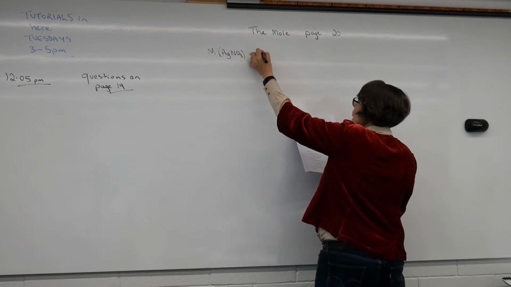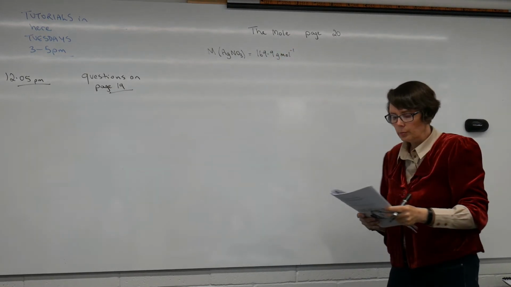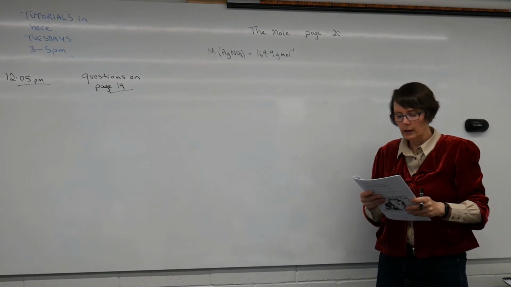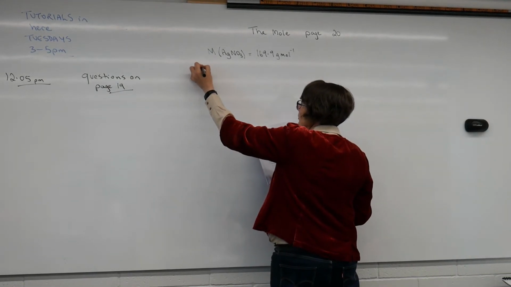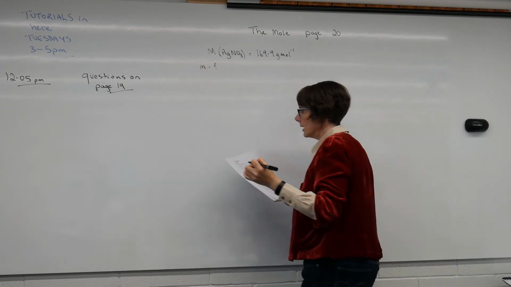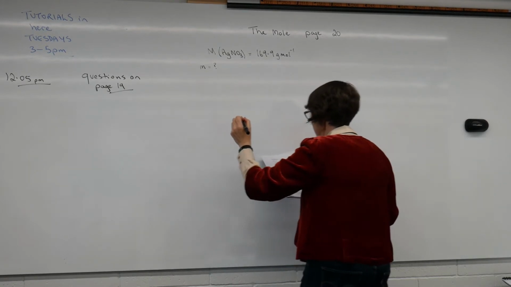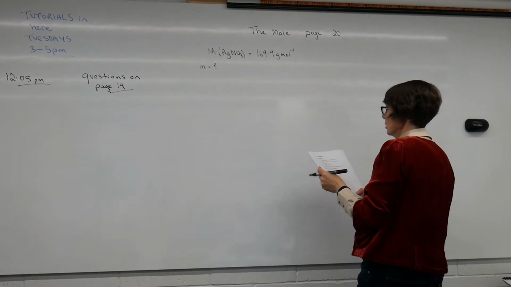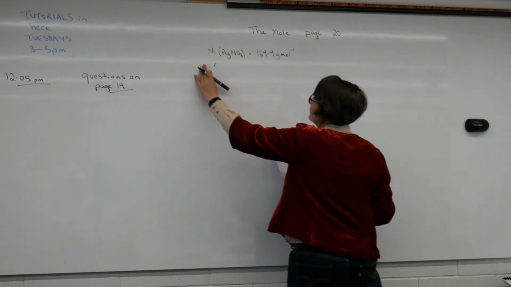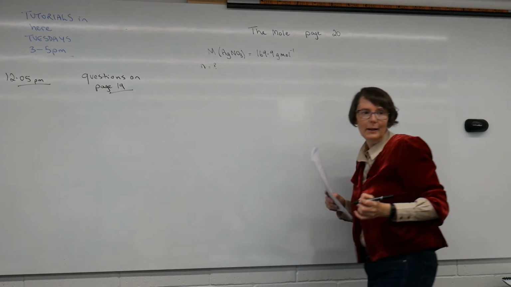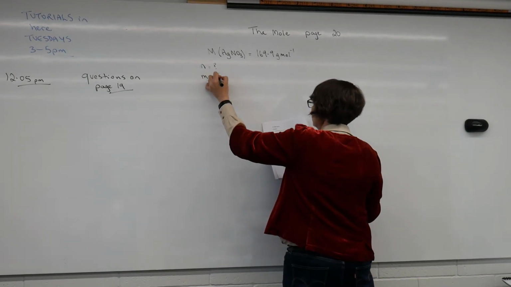We're just going to assume that the calculation in the book's correct, 169.9 grams per mole. And we're asked to determine the moles. We're not determining the mass because we've been given the mass. What we're actually determining is the number of moles, because the mass is 54.7.